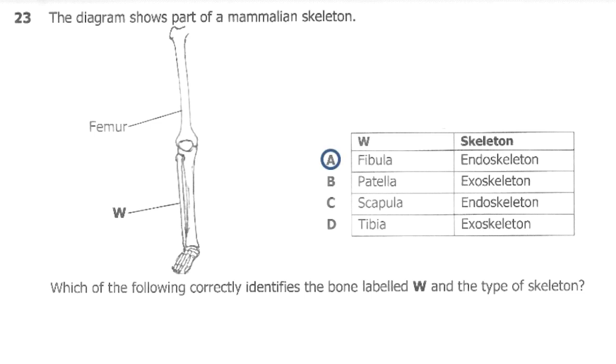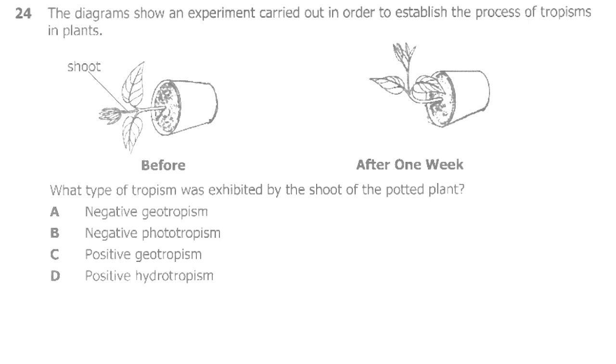Question number 24. The diagram shows an experiment carried out in order to establish the process of tropism in a plant. What type of tropism was exhibited by the shoot of the potted plant?